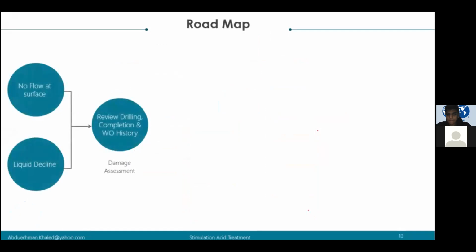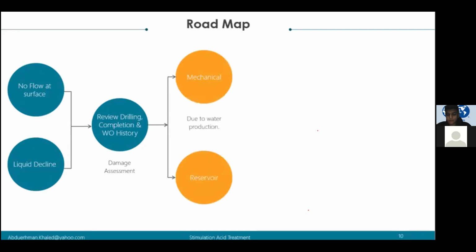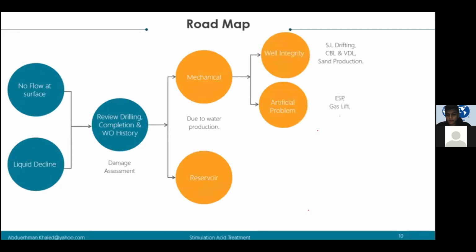Okay, so after reviewing the drilling history and shedding light on the damage that you have in your reservoir, now it's time to know whether the problem is a mechanical problem or a reservoir problem. The mechanical issue will include either well integrity or the artificial lift.